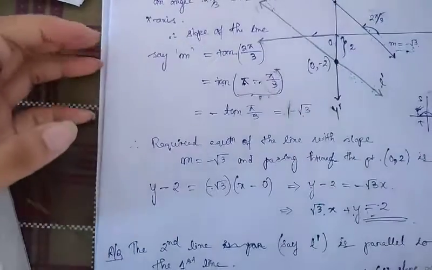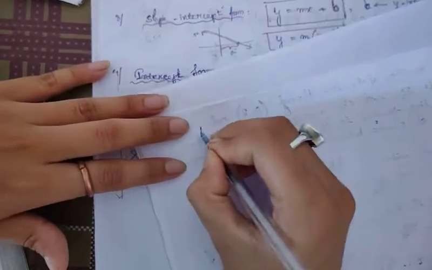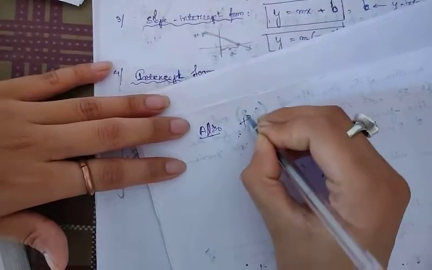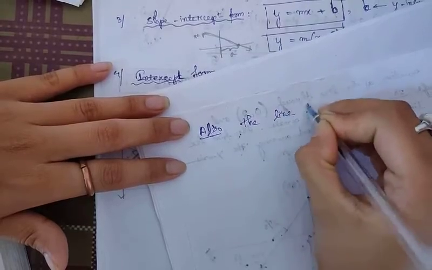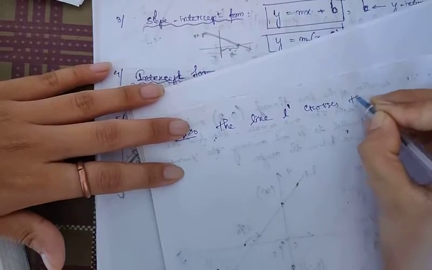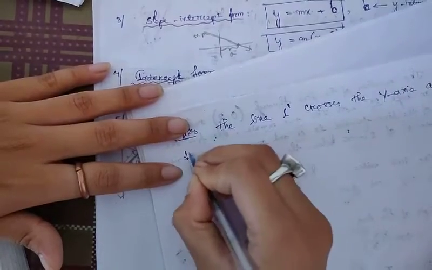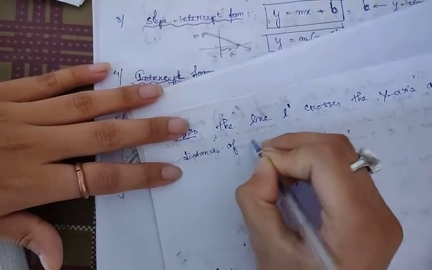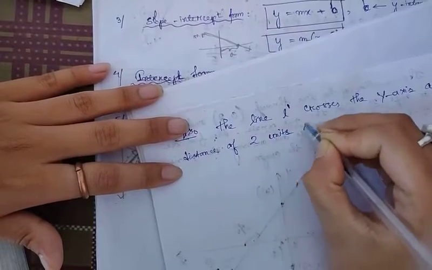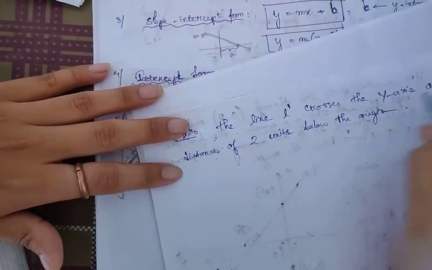Next, according to the question, the second line crosses the y-axis. Also the second line, or the line L dash, crosses the y-axis at a distance of 2 units below the origin.